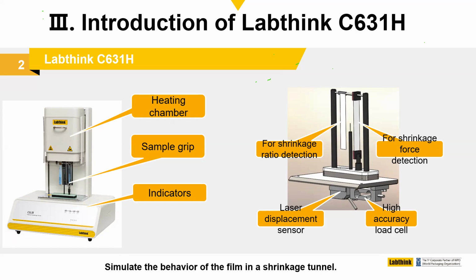Inside the instrument, as I say, you've got two samples there. You can see on the left, there's one for shrinkage ratio detection, and on the right, the one for shrinkage force detection. Here is the big difference, though, that in this iteration of the product, the measurement of the shrinkage ratio is done via a laser displacement sensor.